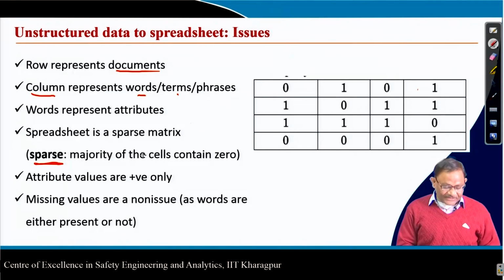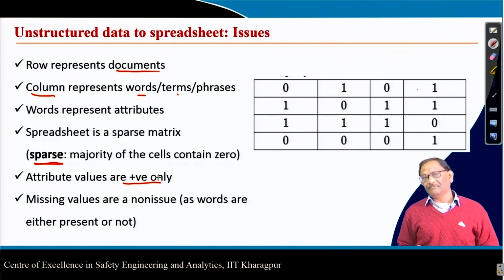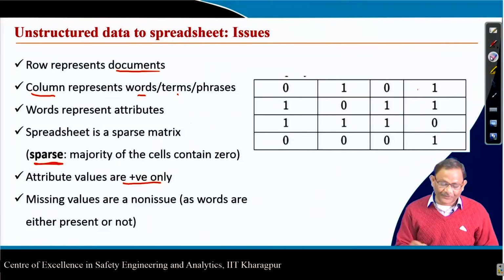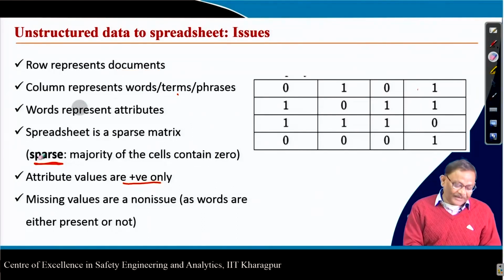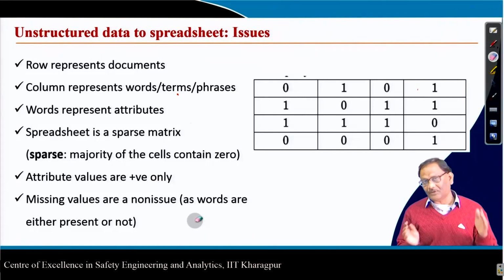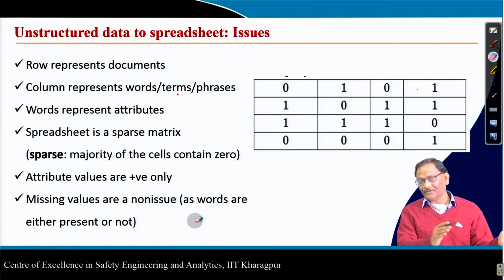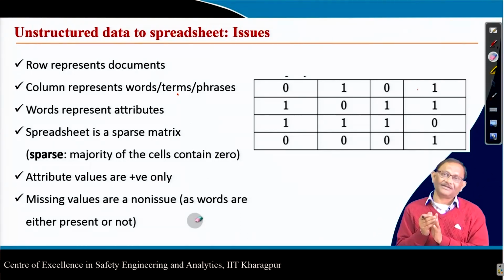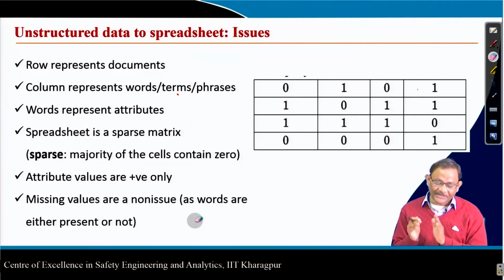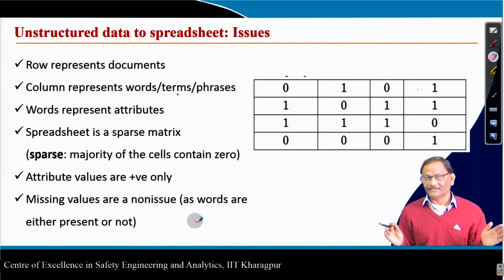Another point is that the attribute values are positive. Missing data may not be a problem, because when nothing is available, you will be putting 0. So far we have discussed what text data is, how text data is converted into a sparse spreadsheet, and what that spreadsheet contains. Okay.